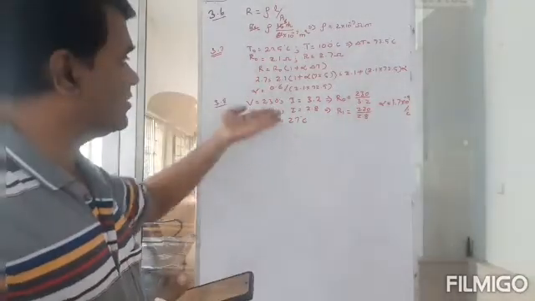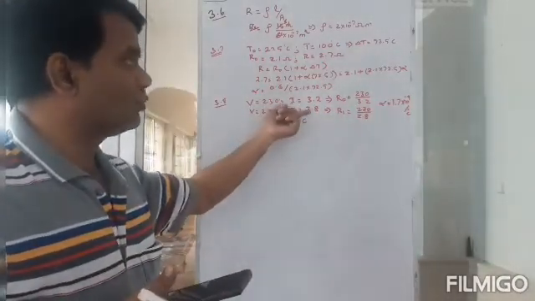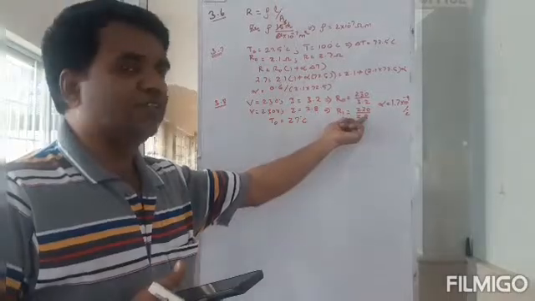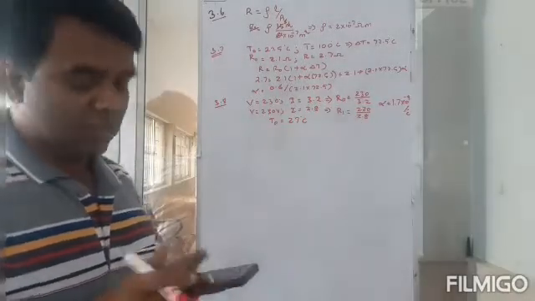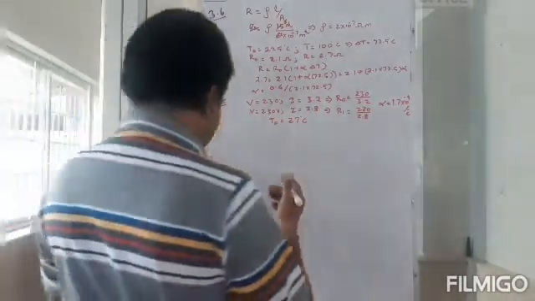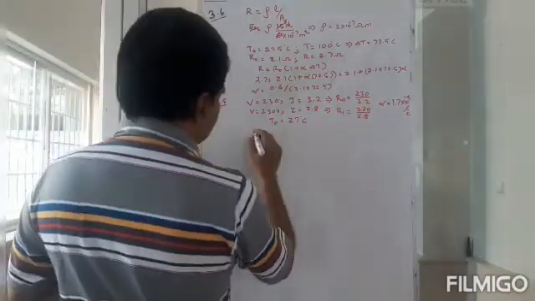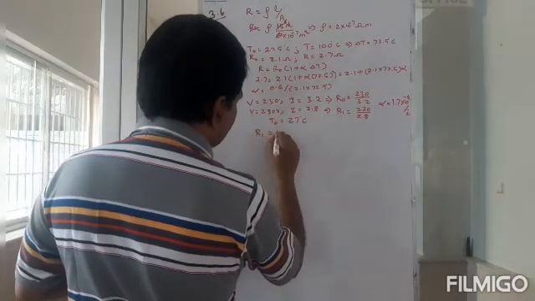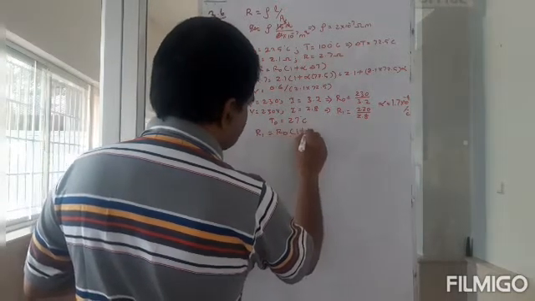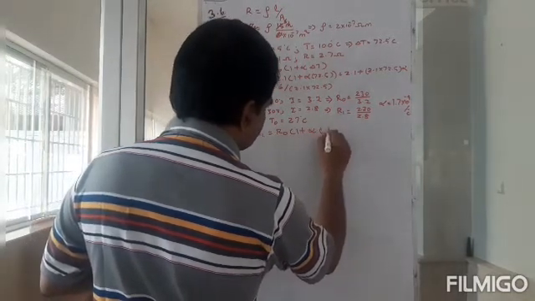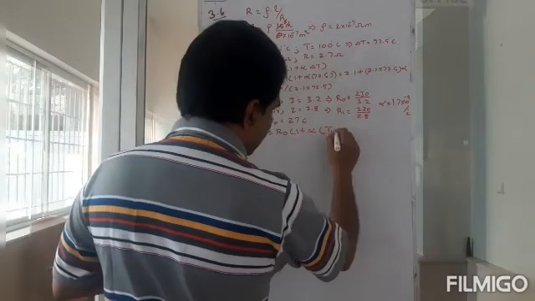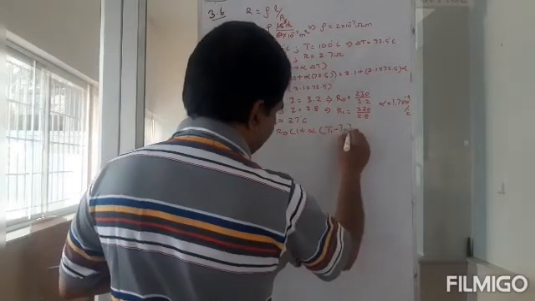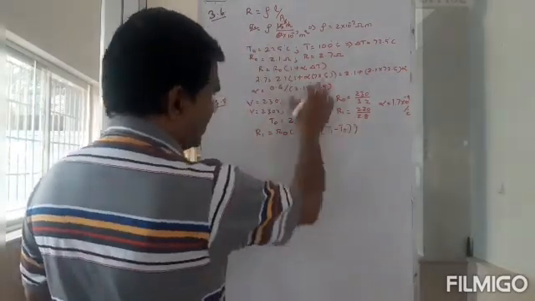At the steady state, you are drawing only a current of 2.8, which means the resistance has changed. That is also very easy to do. Your R1 is equal to R0 into 1 plus alpha into the steady state temperature minus the room temperature T0. That's all. You have all the numbers there.